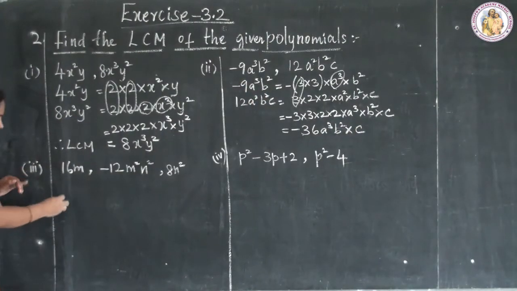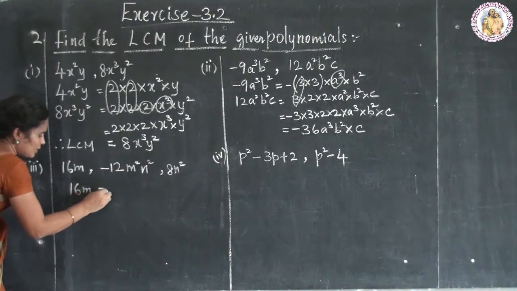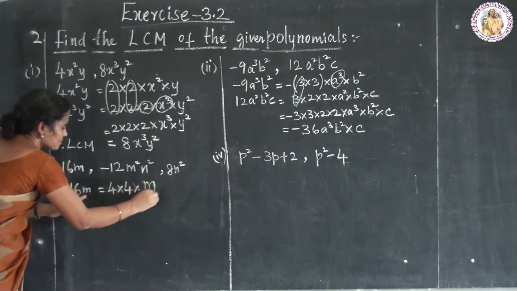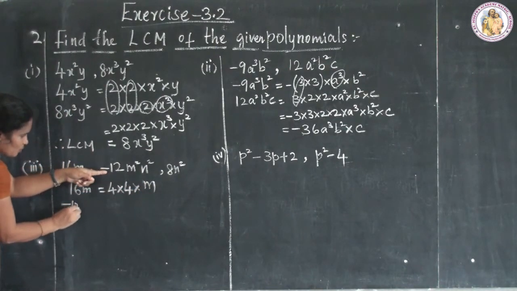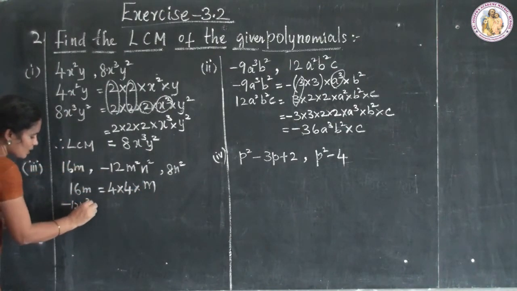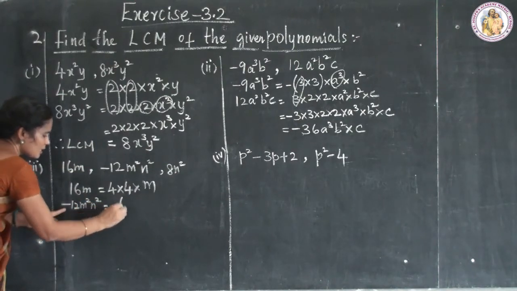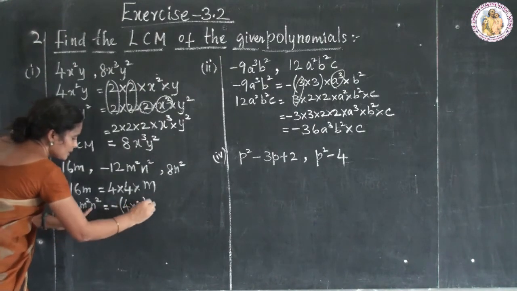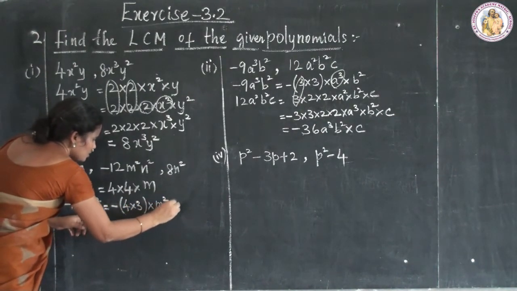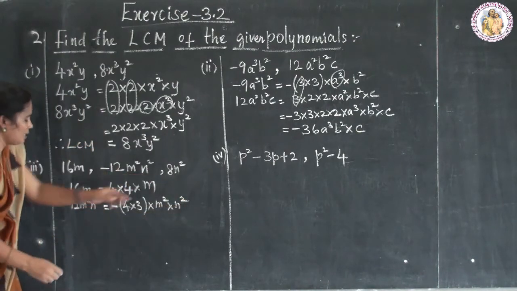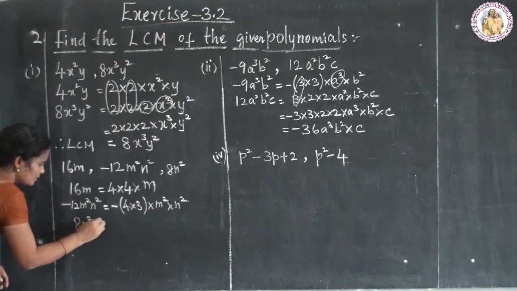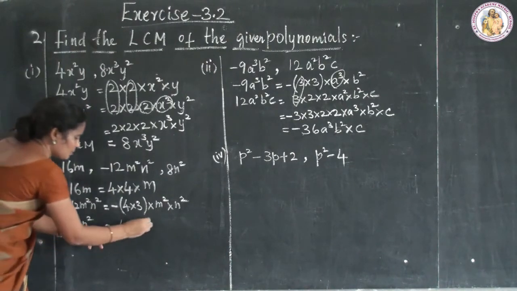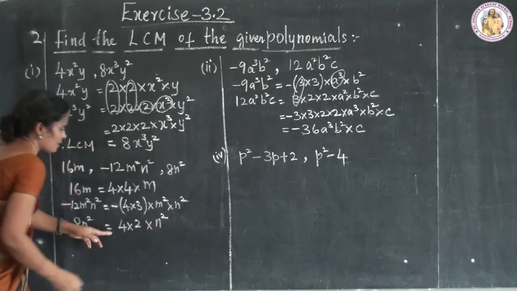And question number 3. 16m is equal to 4 into 4 into m. Then minus 12 m square n square, that is minus 4 3s are 12, 4 into 3 into m square into n square. And then 8 n square, that is 4 into 2, 4 2s are 8, into n square.